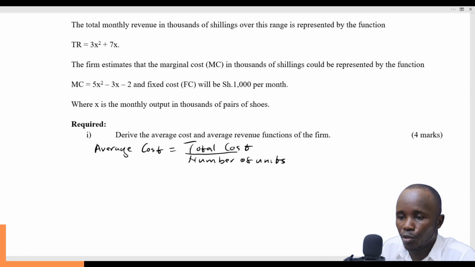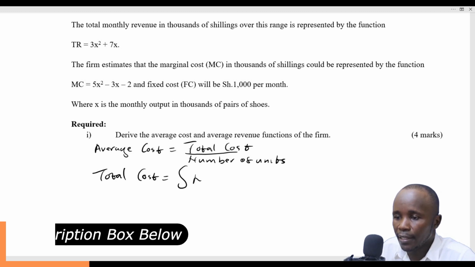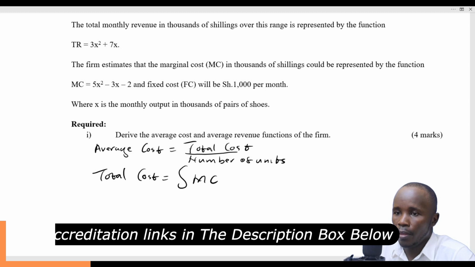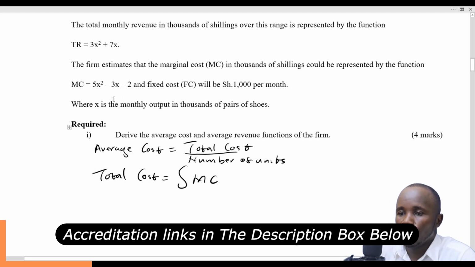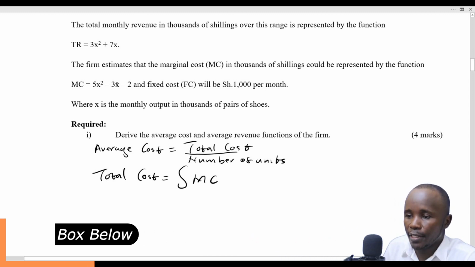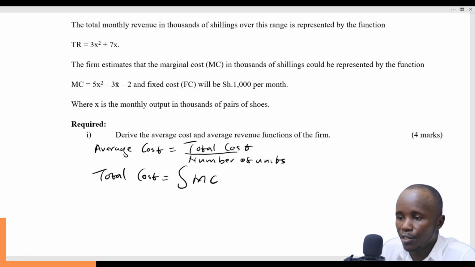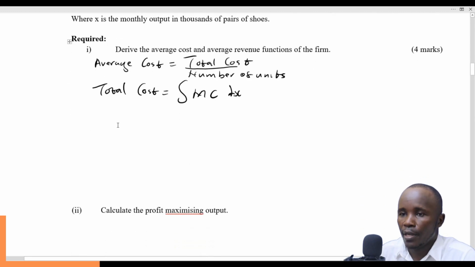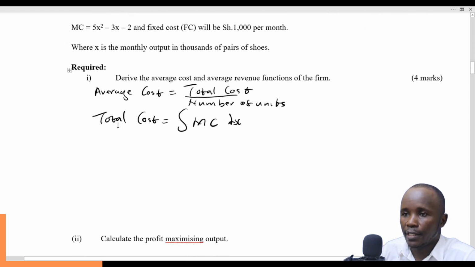How do we get the total cost? The total cost is obtained by integrating the marginal cost. You have been given the marginal cost here. We integrate it with respect to x so that you are able to find the total cost.